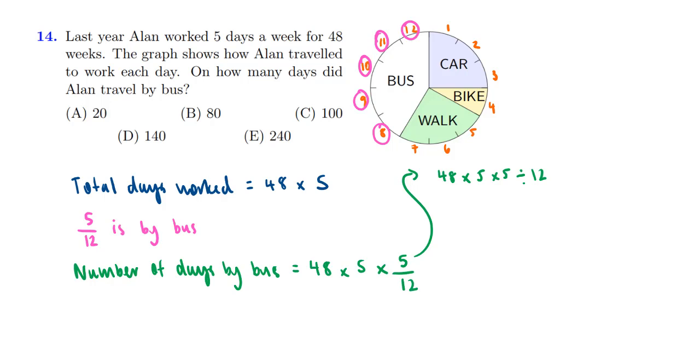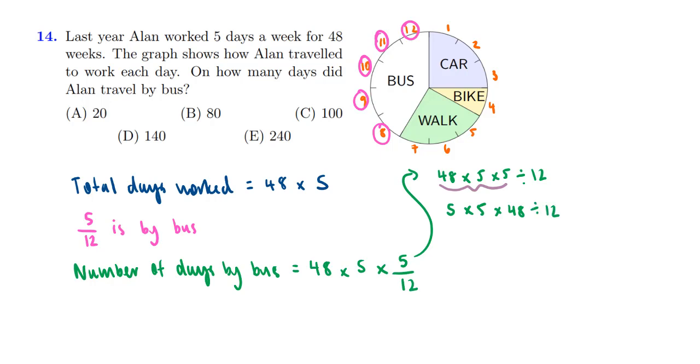Now I can see that it's much easier to divide 48 by 12, and since these first group of numbers are all multiplied, I can write them in any order. So I will rewrite them as 5 times 5 times 48 divided by 12.